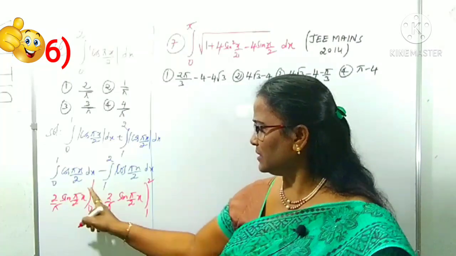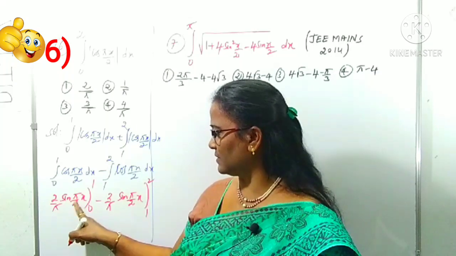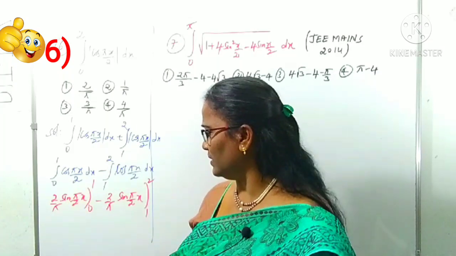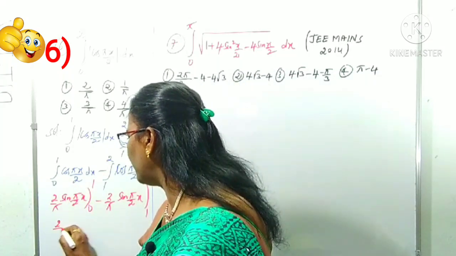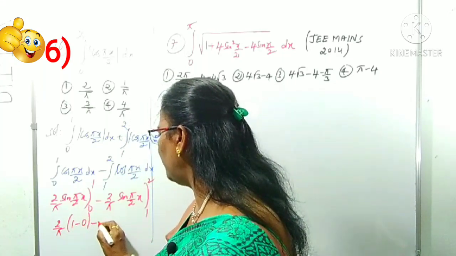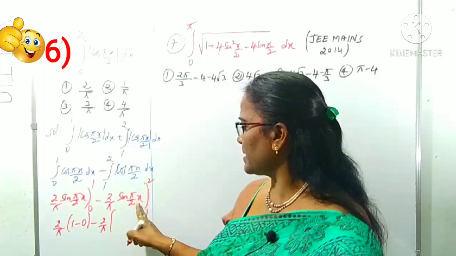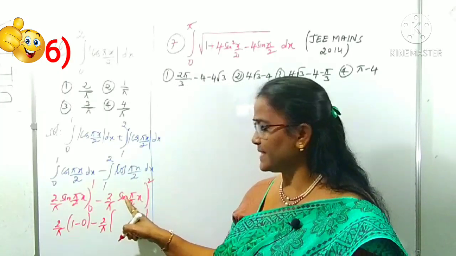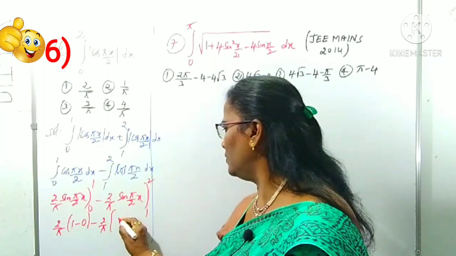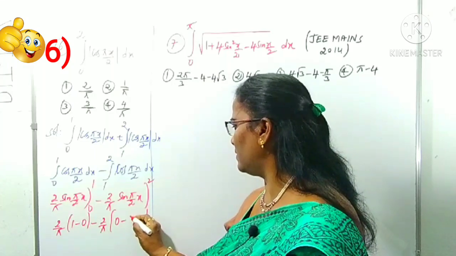Apply the upper limit here, sin 90. Sin 90 is 1, therefore this is 2 by pi times 1 minus sin 0, which is 0. For this one, by using the upper limit 2, the 2s cancel, we get sin pi, which is 0, minus x is 1, sin pi by 2 is 1.